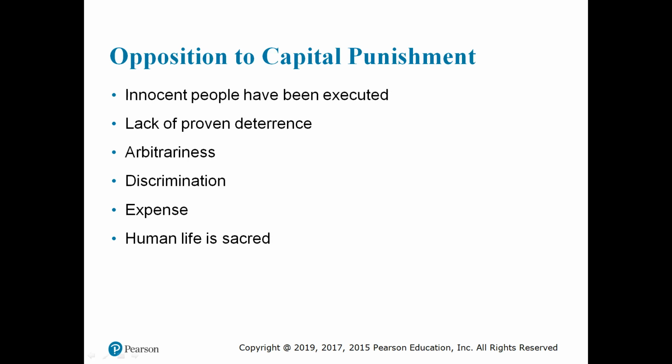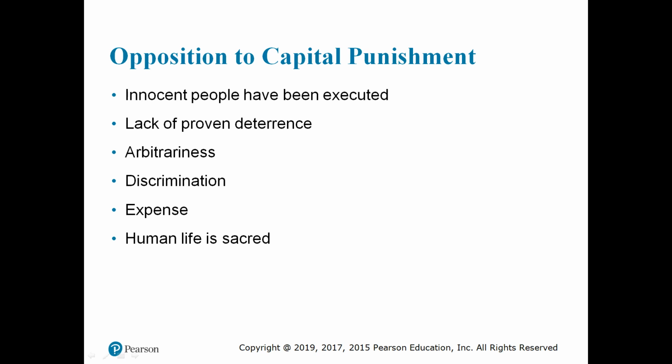There's a lot of opposition to capital punishment, depending on where you are in your life, whether you're young or old. A lot of victims of crime, especially if they've had a loved one or family member murdered, are not opposed to capital punishment. It depends on your religious views. There's a lot of issues that people bring up about innocent people that have been executed. That is true. Sometimes there's a lack of proven deterrence.